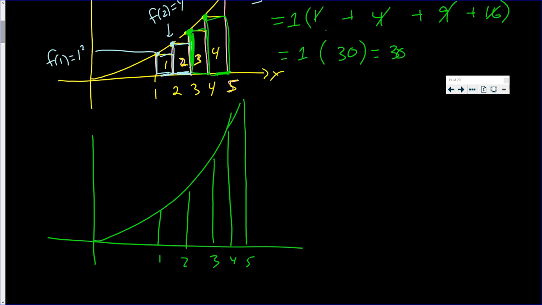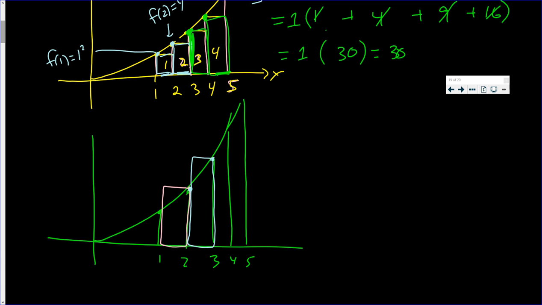Now this time, between 1 and 2, we pick the larger height. That's going to be the first rectangle. The second rectangle, between 2 and 3, the height is larger at 3. So this is going to be the second rectangle.